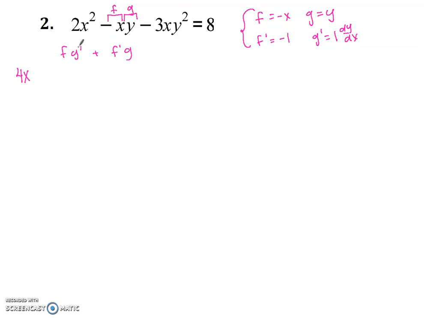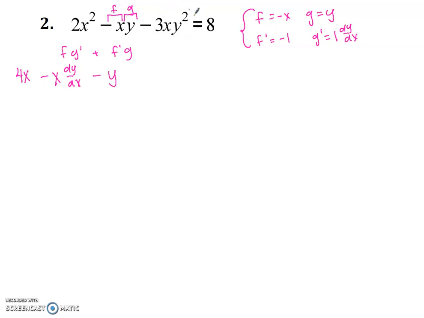So here's my product rule. So I'll have 4x and then f times g prime, that's negative x times 1, so that'll be a minus 1x dy/dx. So this part's my f g prime, then plus f prime times g, that's negative 1 times y. So that would just be plus a negative y, which would be minus y. And that part will take care of my f prime g for this part.